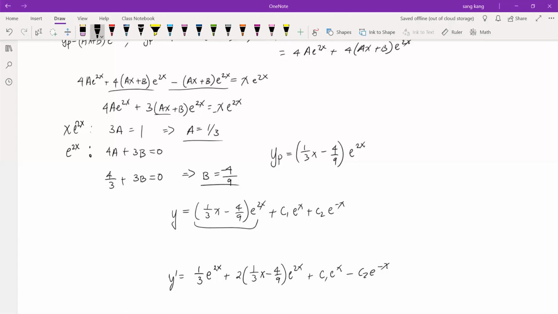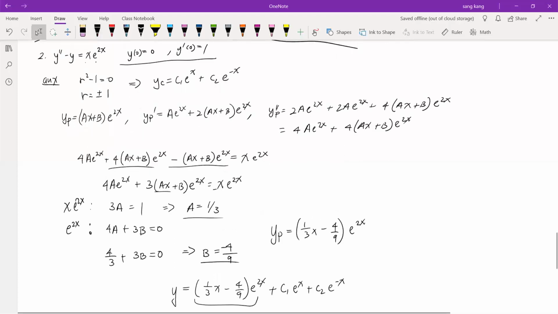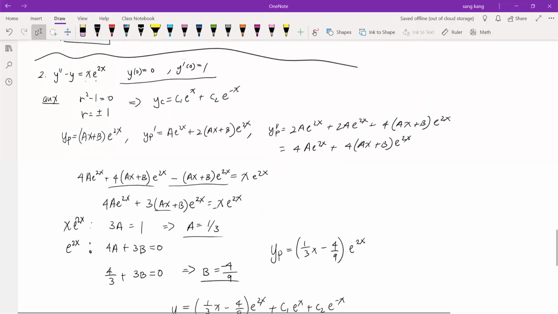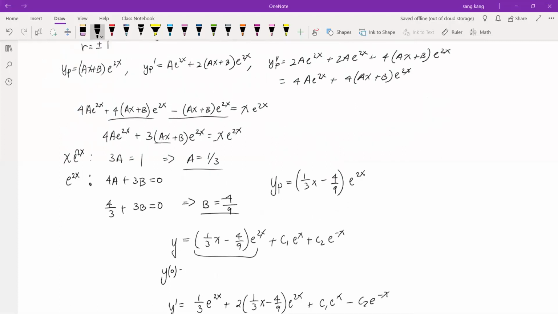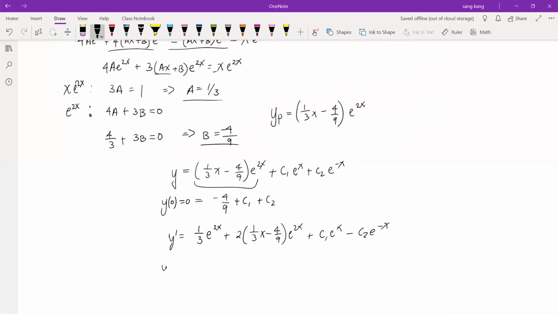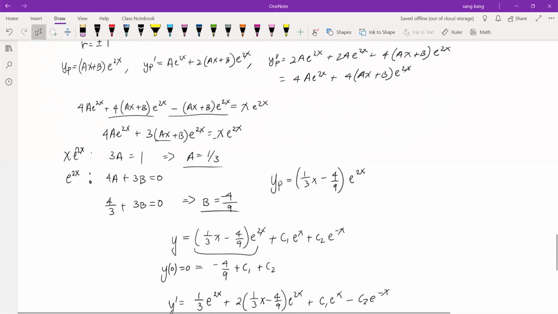So let's plug in our initial value for y. So y at 0 equals 0. So this gives us minus 4/9 plus c1 plus c2. And then y prime at 0 equals 1. Yep.